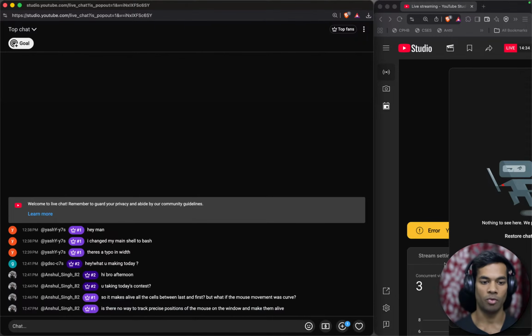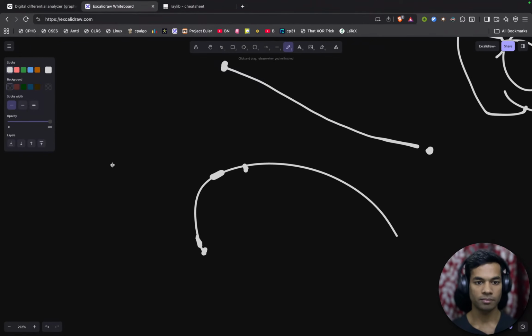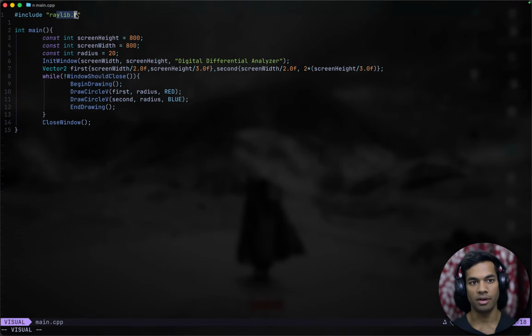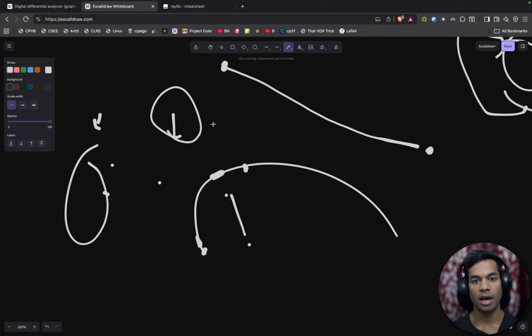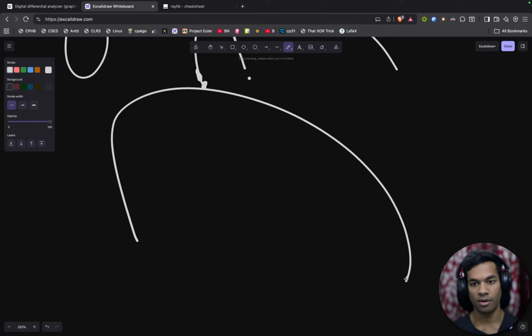Nope, no, we cannot do that because yesterday we did use direct system calls instead of relying on the Raylib library to get the current mouse position, and even that was not fast enough, right? We were getting cells missing in the middle. And if you look at Raylib, at this Excalibur, look at this.